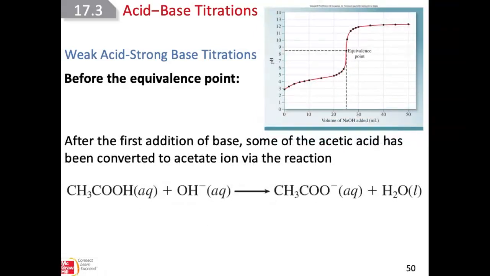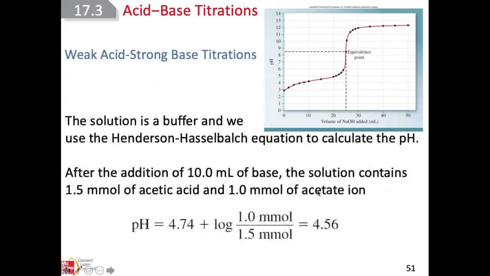So what is the pH before the equivalence point? Somewhere over here. When we add the base, even a little of it, some of this acetic acid will be converted to the acetate ion. And we can actually use the Henderson-Hasselbalch equation to calculate the pH.